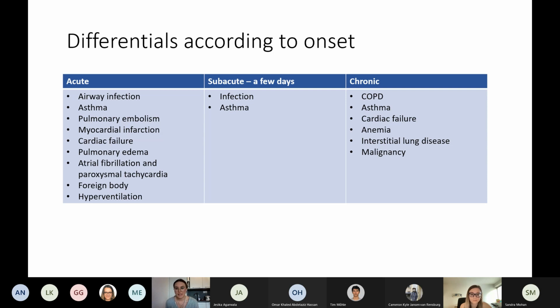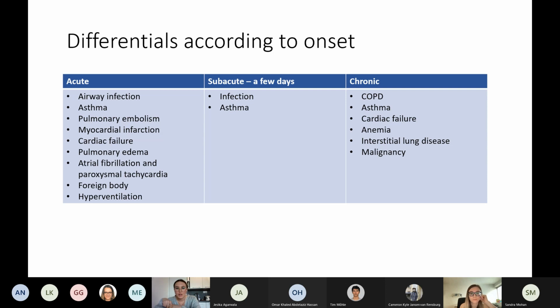And with hyperventilation, you have something called Kussmaul breathing, which is a deep and rapid respiratory pattern in response to acidosis. So just keep that in mind. And then you have subacute, which is infection and asthma. As I said, those can range from 1 day to a few days.